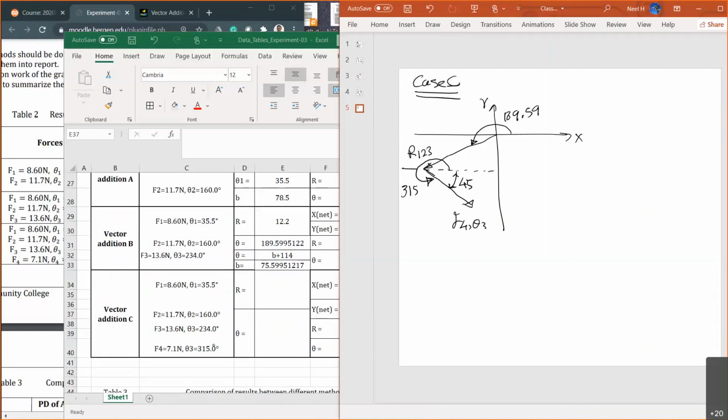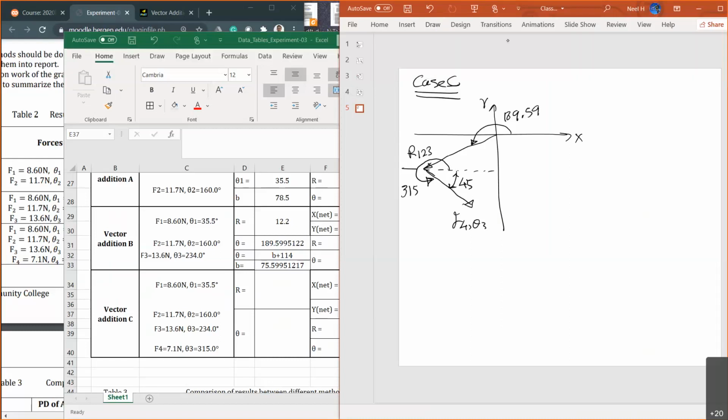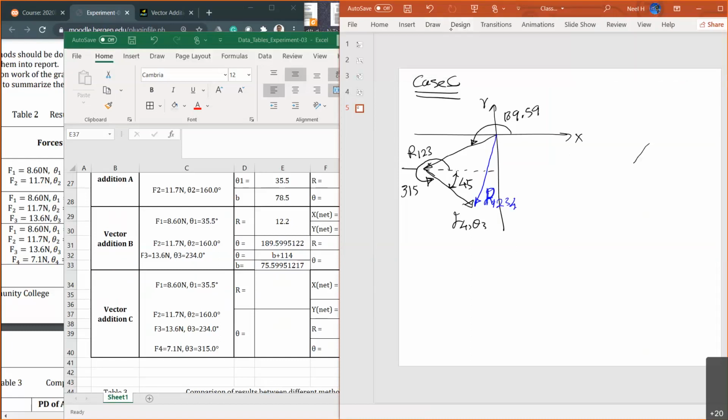That's important, because I would like to always find this inner angle. Now, which means your final resultant is this one. You can compare this with your graphical method. This is the resultant of 1, 2, 3, 4. The resultant of all 4, if you take a look, that diagram looks like this.